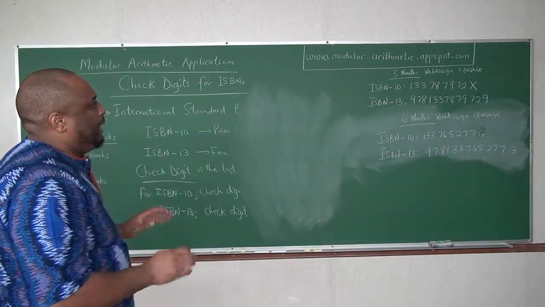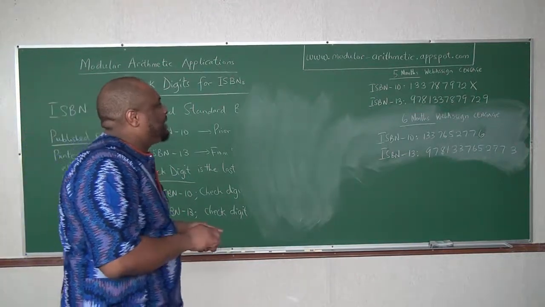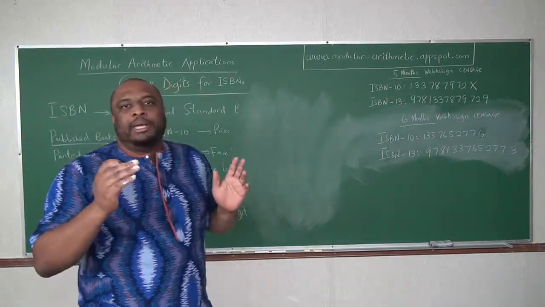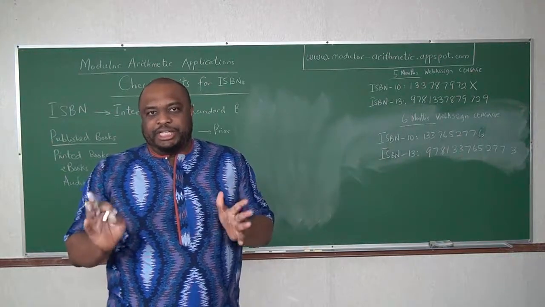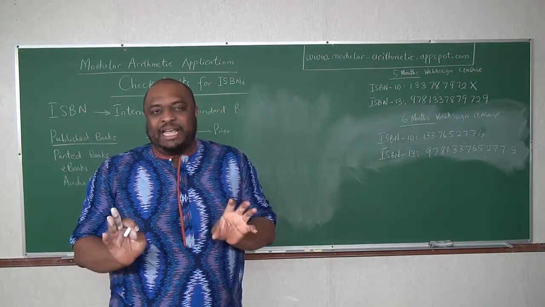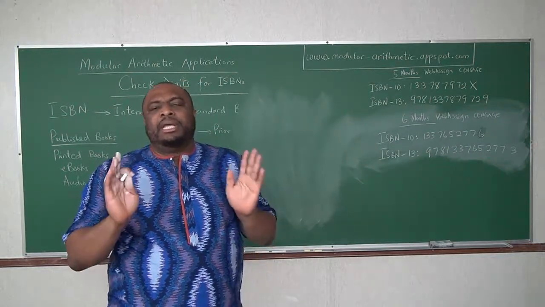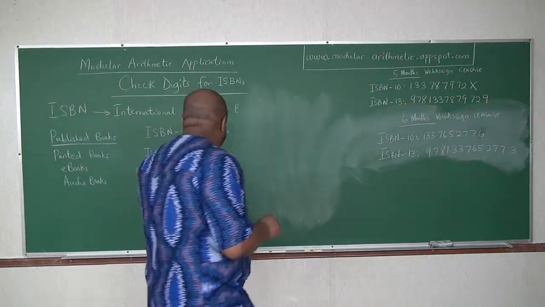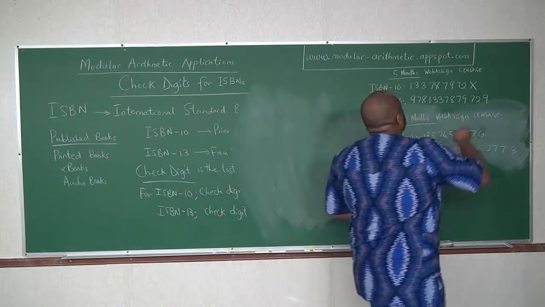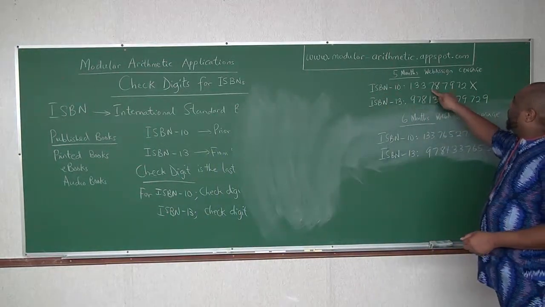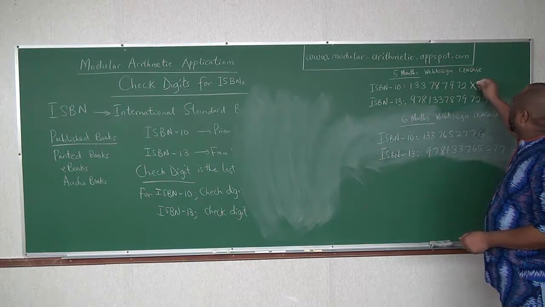Alright, now let us first of all start with calculating the check digit for ISBN-10. Now, these are the check digits here. As you can see, this is 1, 2, 3, 4, 5, 6, 7, 8, 9, 10.